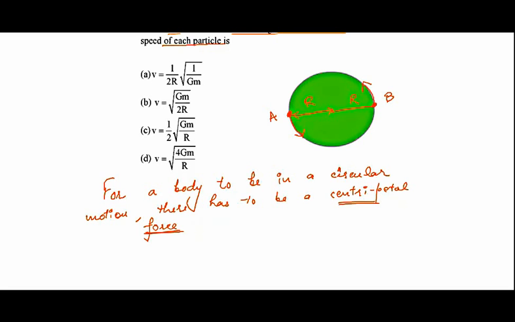Now if we see the gravitational force at any instant, say at this instant, the force that is acting on A is along this way. Say this is the center. When A would come over here, B would have been here. Again the force would have been towards the center only. Same way at any arbitrary time the force on A would be towards the center.